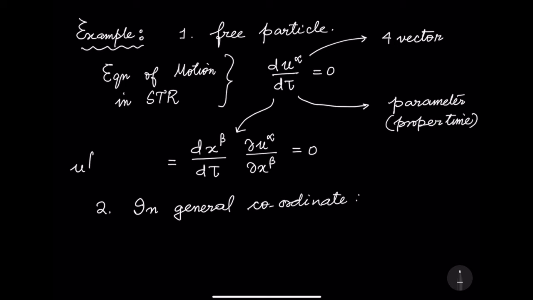So this is also u beta del u alpha del x beta, right? Because dx beta d tau is u. What I will do is that del x beta will change to the covariant derivative, and that's all.